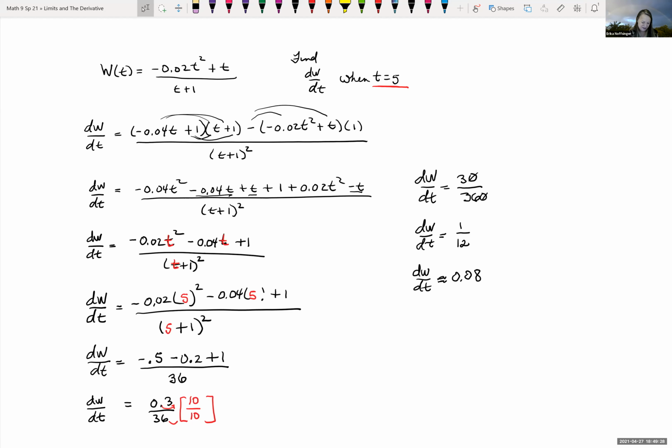Okay, so I knew something was off. It's right here. When I'm multiplying by 10, that moves my decimal over once, which just gives me 3. And so it's 3 over 360, which is 1 over 120. Yeah, that extra 0. So it's 0.008. There we go.